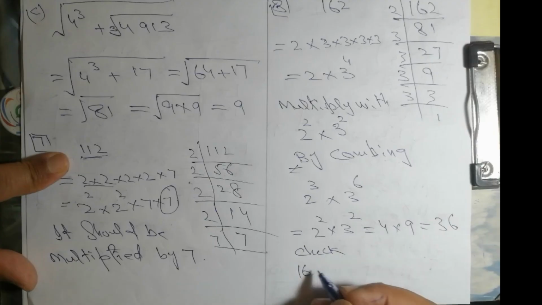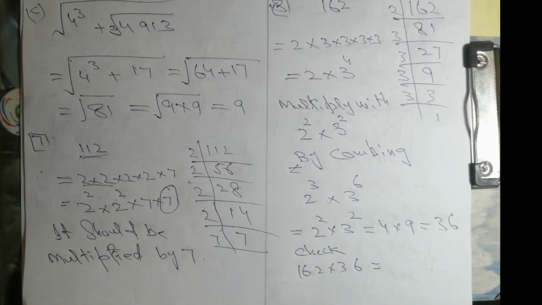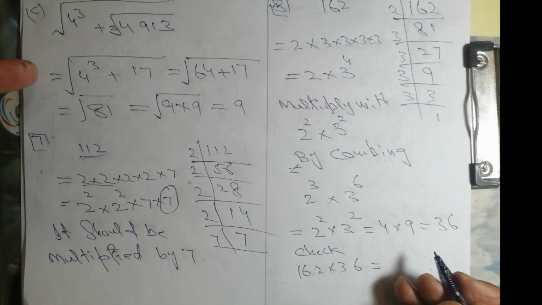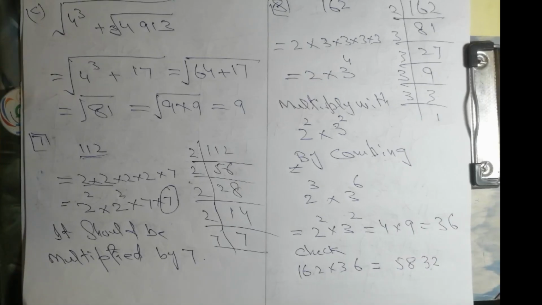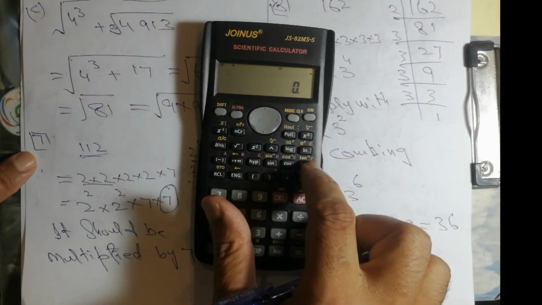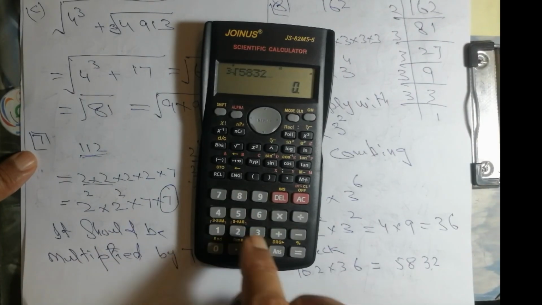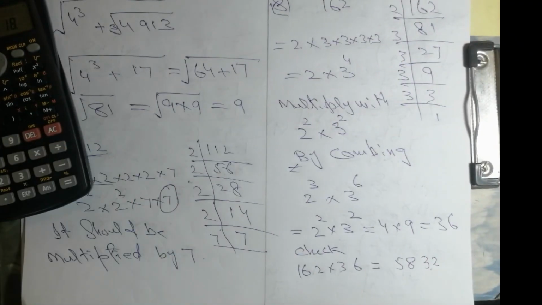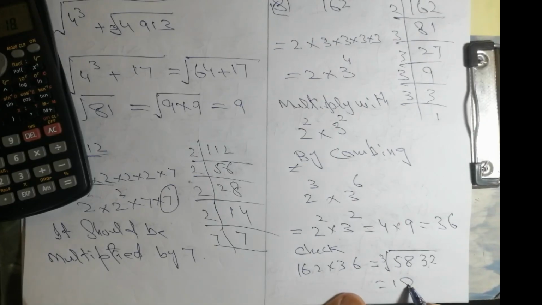If we multiply 162 with 36, that is equal to 5832, and if we take its cube root, the answer is 18.